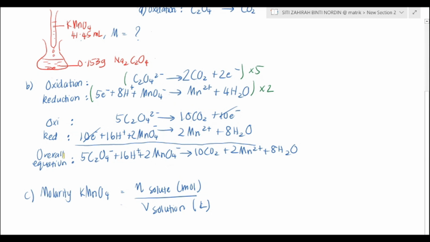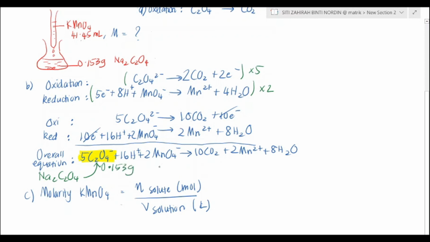Yes, that would be this C2O4 2-. Na2C2O4 when converted into ions will exist in this form, but it still has the same information, which is a mass of 0.153 gram.